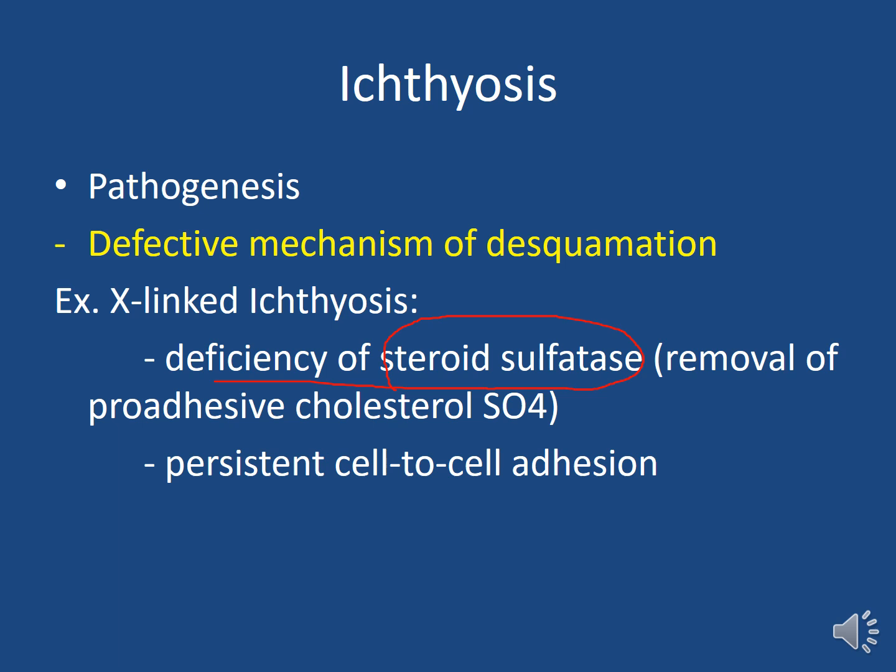So aside from the desmosomes, which will provide intercellular junction among the squamous cells, cholesterol sulfate contributes to the adhesion of the squamous cells with each other. Now, deficiency of the enzyme that is responsible for digesting cholesterol sulfate will result in persistent cellular adhesion, so that the dead squamous keratinized cells are persistently retained in the epidermis.